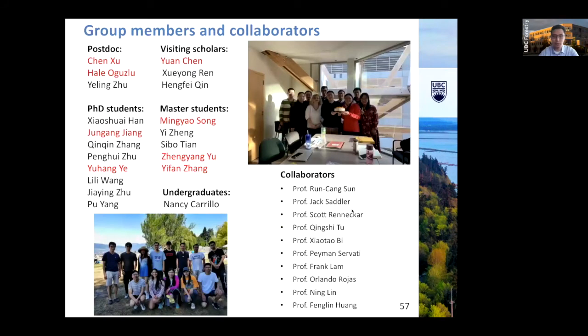There are very excellent researchers in the lab, hardworking as well as innovative. Without them, this work could not be done. The work I highlight includes Dr. Chen, who is now working at Westlake University in China, and Halai is a postdoc in my group. Professor Yuan is celebrating a birthday, at the Chinese Academy of Forestry in Beijing.